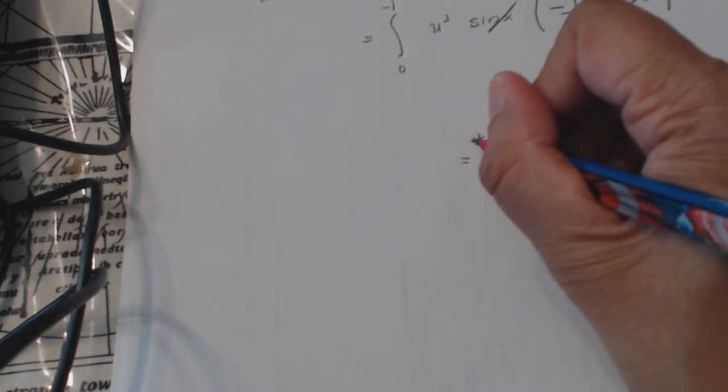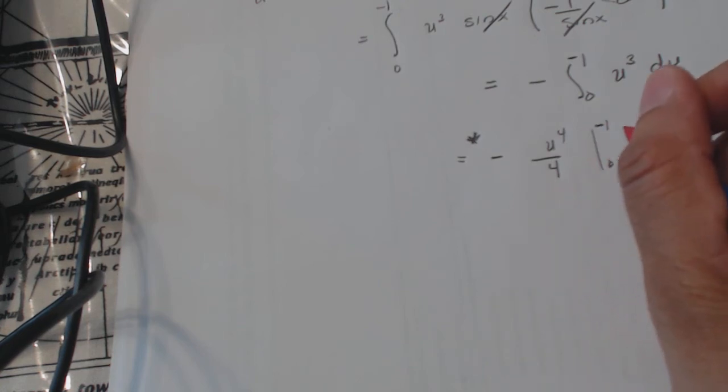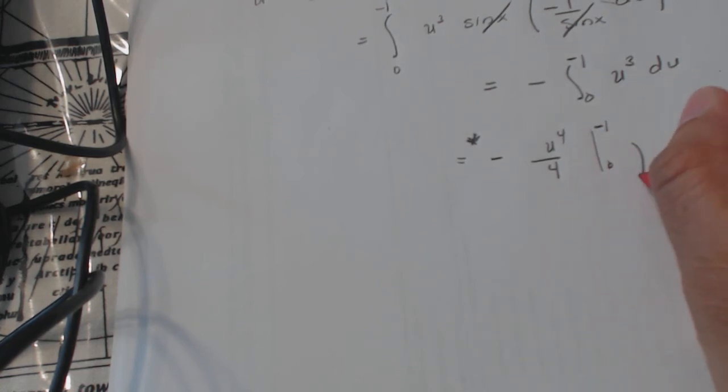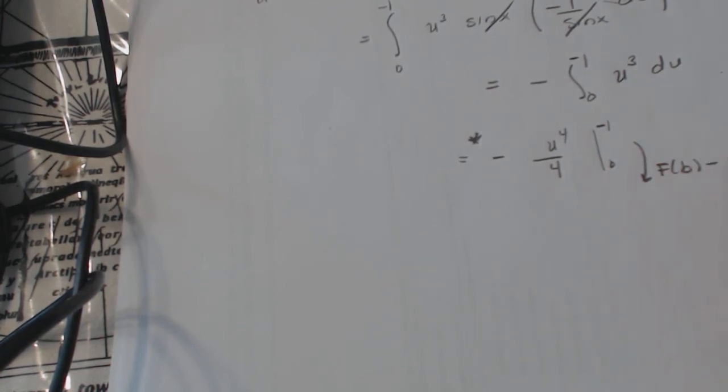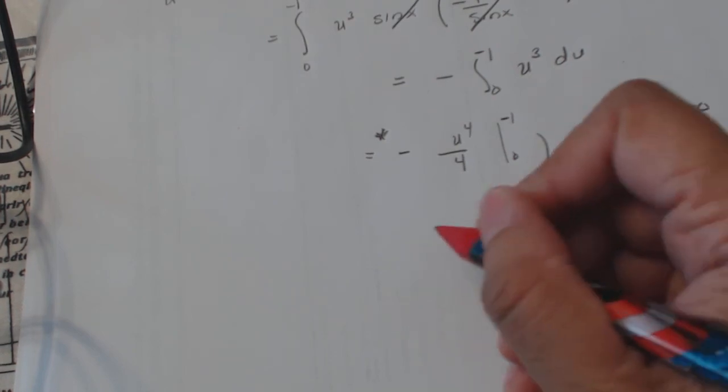So I'm going to star this expression because I can show you how to check your work in a second. So now I'm going to evaluate F of b minus F of a. That comes next. In this case, b is minus 1 and a is 0. And now I'm able to evaluate.